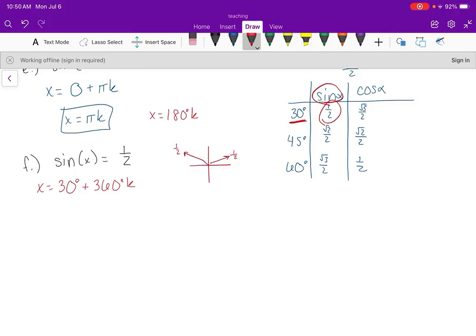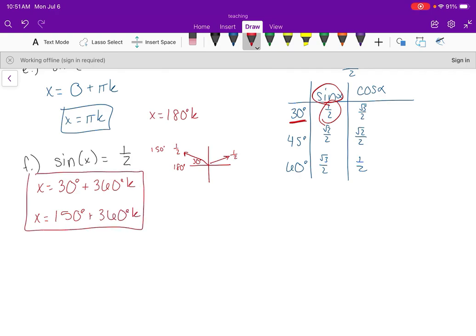So the angle in quadrant 2 that has a reference of 30 degrees, meaning it also makes sine 1/2, would be 180 minus 30, so that's 150 degrees. So I would say x can also be 150 degrees, and everything coterminal to that.